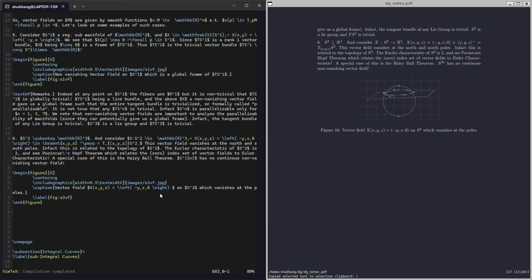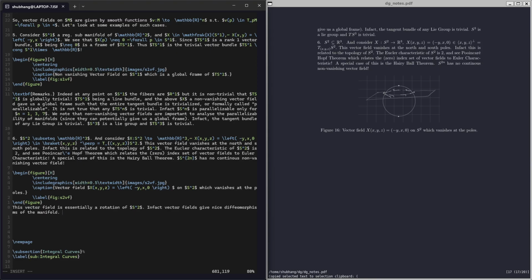Also, this vector field is essentially a rotation of S2.